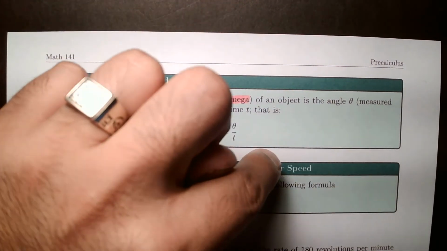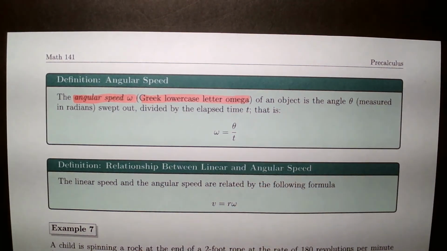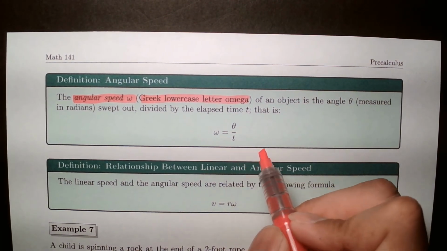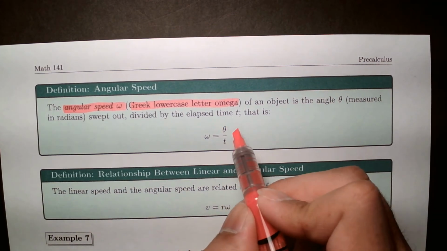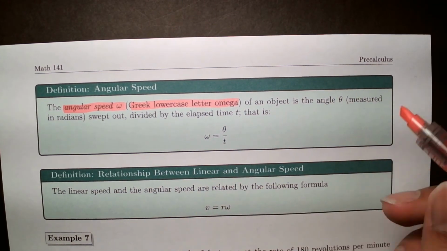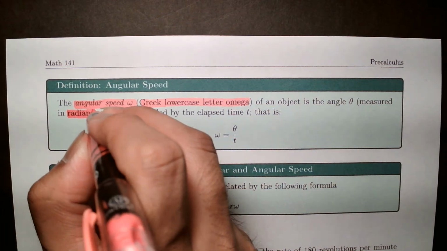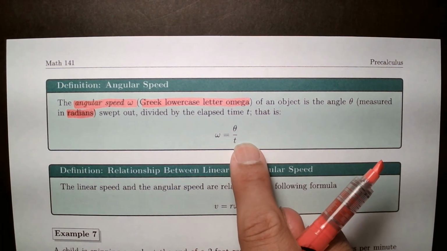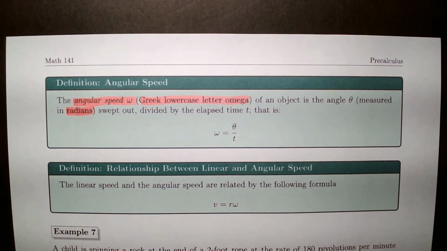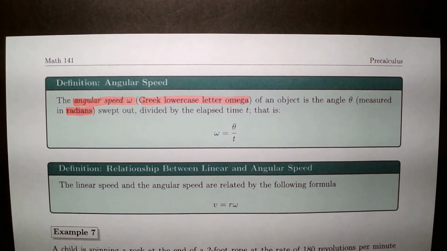But in circular motion, we don't use centimeters or meters, but rather degrees, or actually radians. In this case it is the ratio of the number of radians per unit of time. So that's how we define this angular speed.